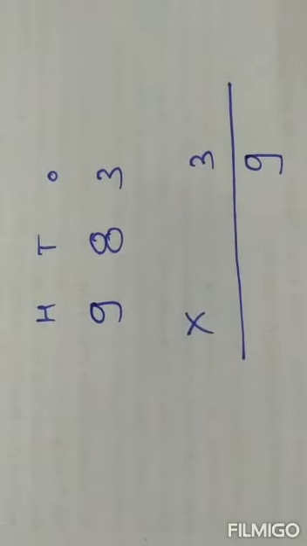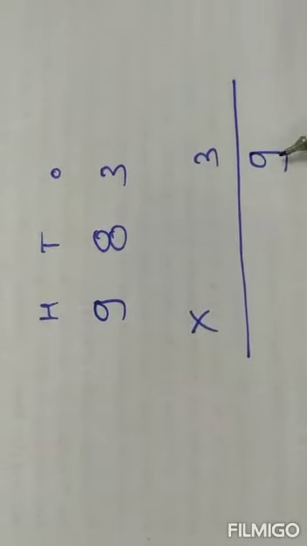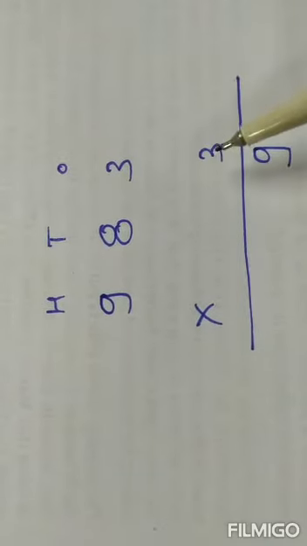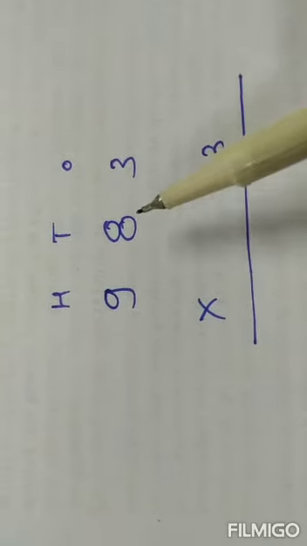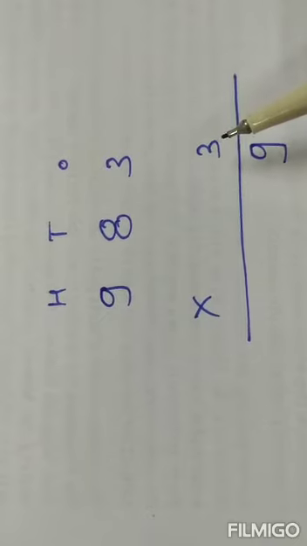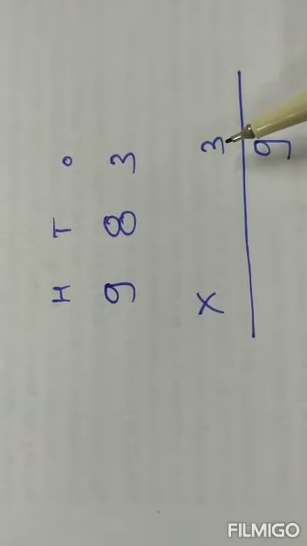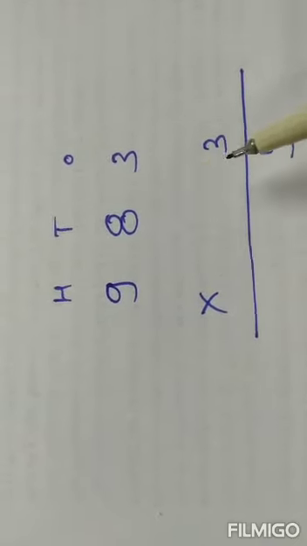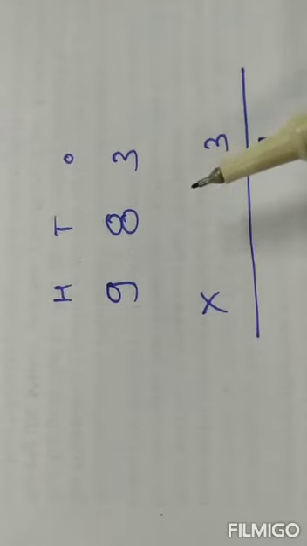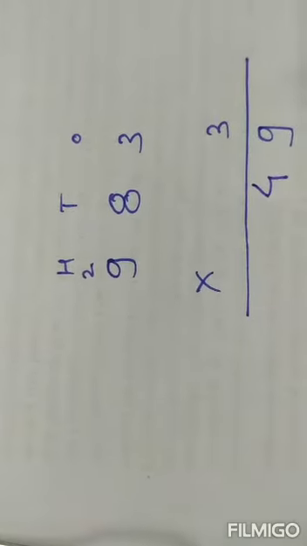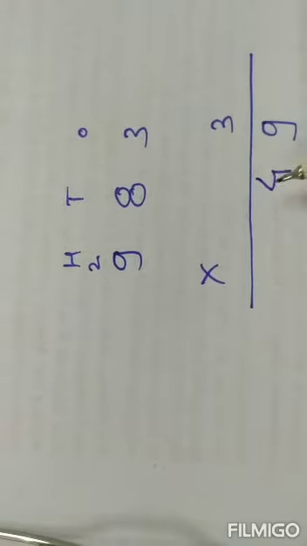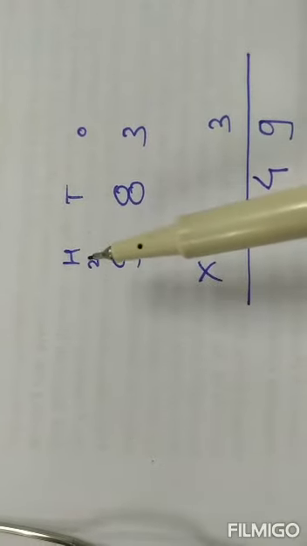Right here 9. Then multiply number 3 with this 8. Children, start counting table of 3 up to 8. 3 8s are 24. So write here 4 and carry 2 at hundreds column.